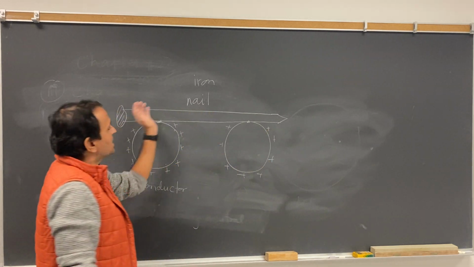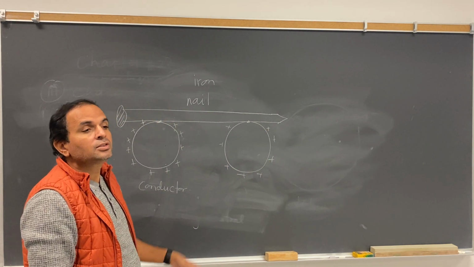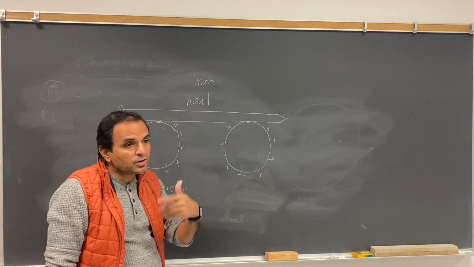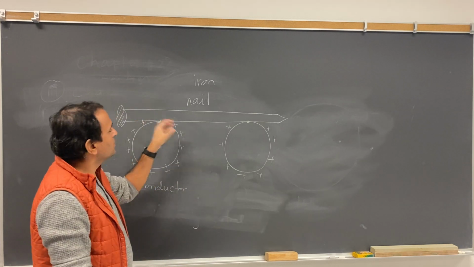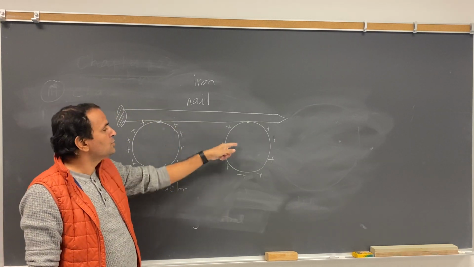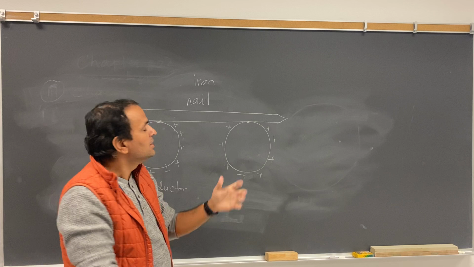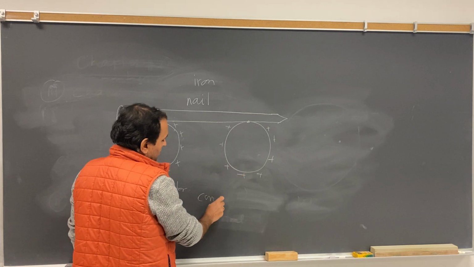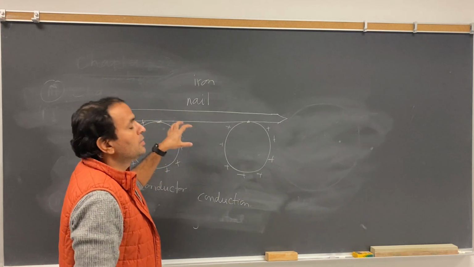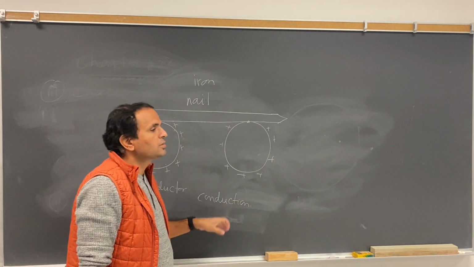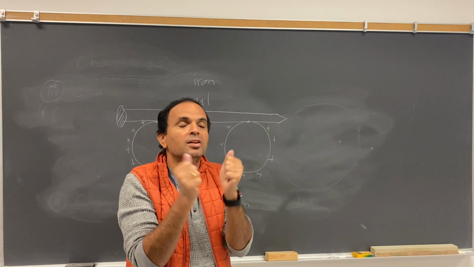This positive charge transferred there. So the charge transferred due to this nail, because the two copper spheres are in contact by means of the nail. This is called conduction. You can observe conduction if two or more objects are in contact.